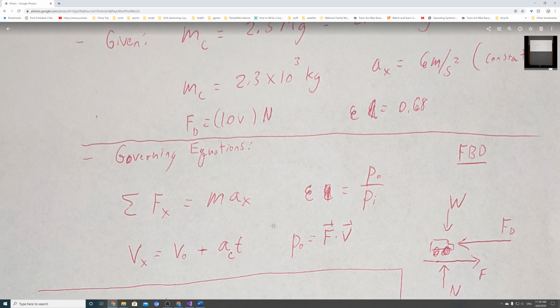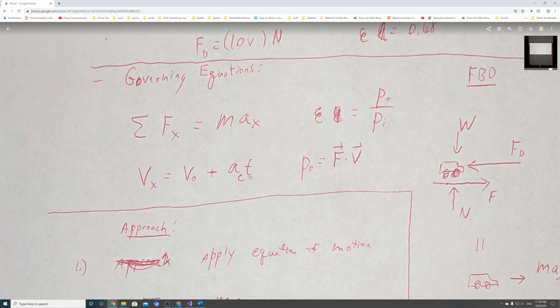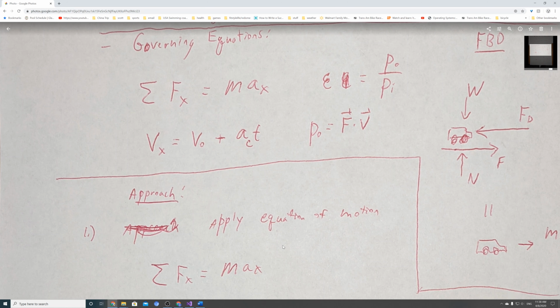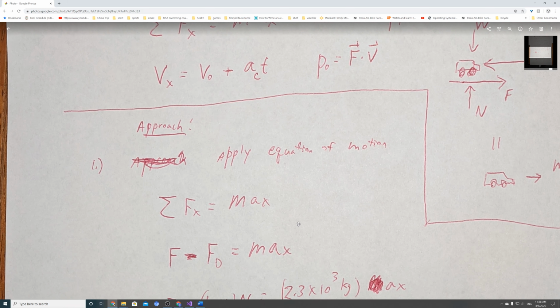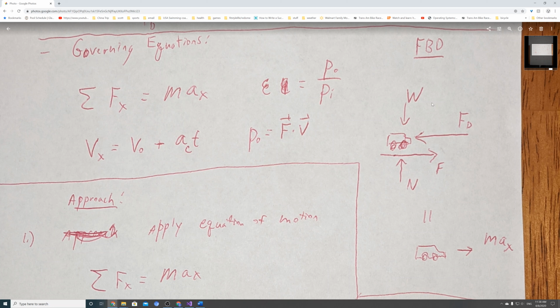The only other thing is that since our drag force is a function of velocity, we also need to find out what our velocity is at that point in time. So we're going to need our kinematic equation for velocity. First, we're going to apply our equation of motion, but one more thing before that: the free body diagram.